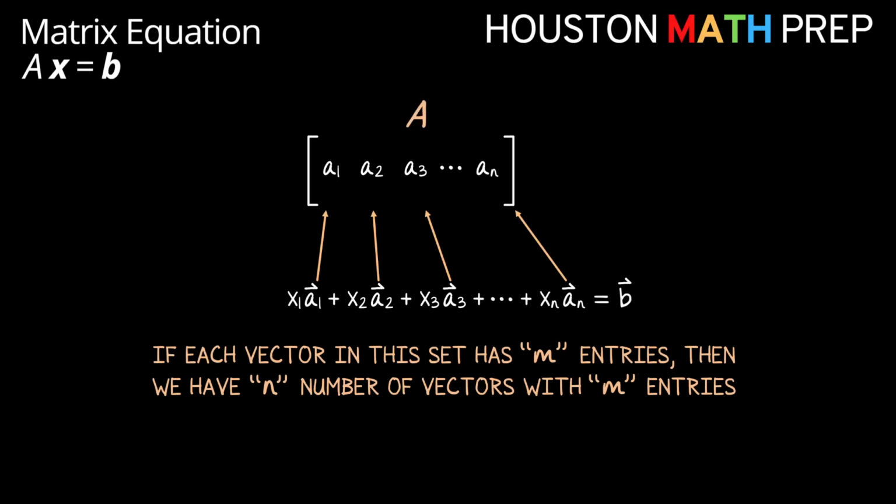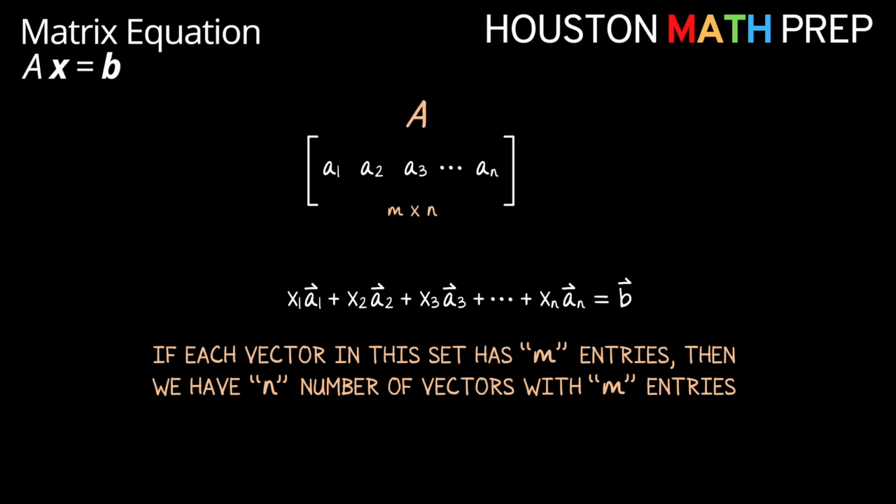And we'll call this matrix capital A, and my lowercase a vectors are now just the columns of my capital A matrix. Each vector has m entries, and there are n vectors, so our matrix will have m rows, n columns, making its size m by n.